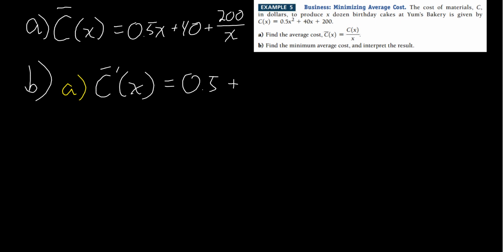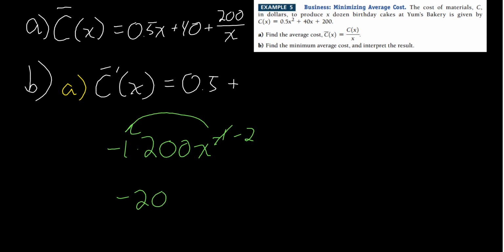If you've forgotten, let's do this real quick. We can rewrite this as 200x to the minus 1. Then we put the negative 1 out front and go down 1 in the exponent. So negative 1 times 200 gives negative 200 times x to the negative 2, which turns into negative 200 over x squared.